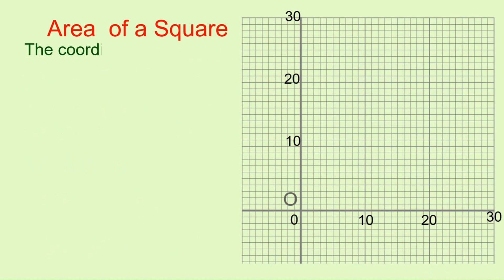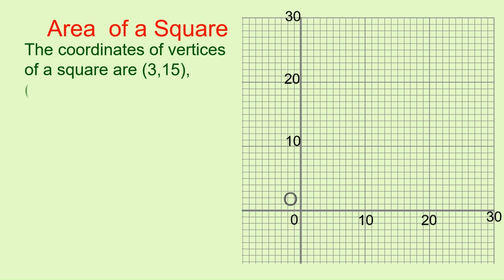We take another example to calculate the area of a square when the coordinates of vertices of a square are 3, 15; 15, 24; 24, 12; 12, 3. Watch the steps.